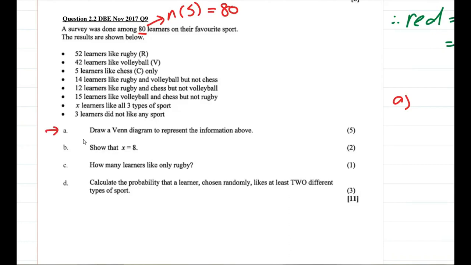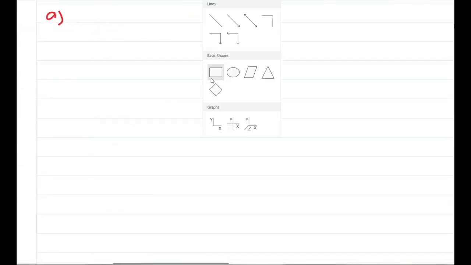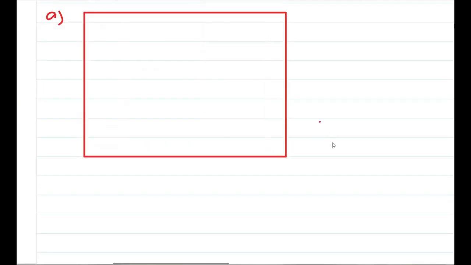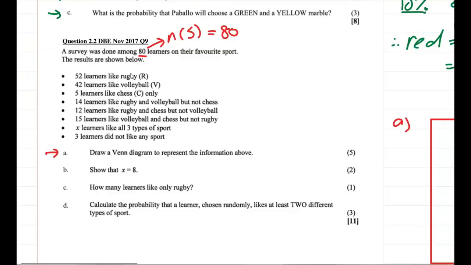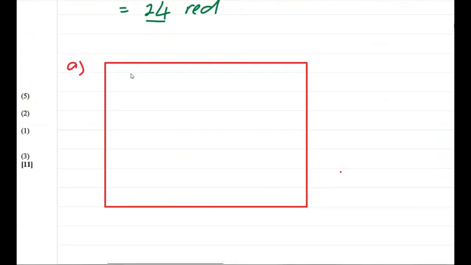Yes. Right, so let's start with that. Now, Victoria, before you start telling me what to do, I just want to tell the rest of the grade 11s, if you are working with 3 events here, like here, for instance, they're talking about rugby, volleyball, and chess, it's better to go and draw them initially, as there might be a part where a learner can take part in all 3, right?